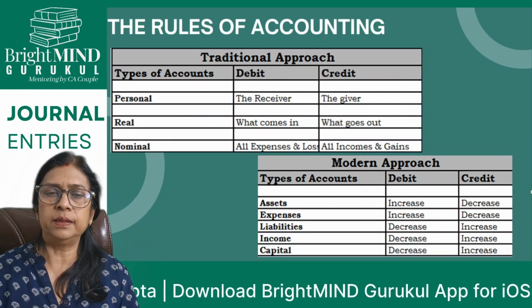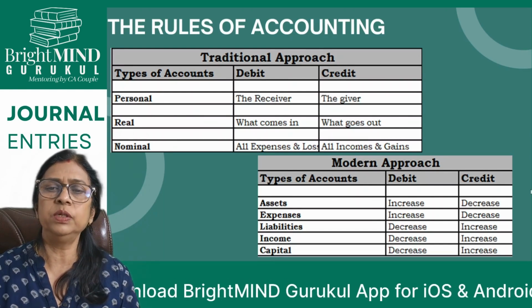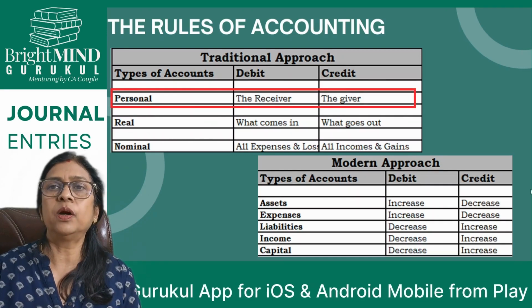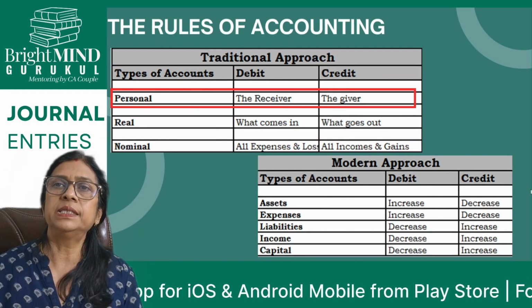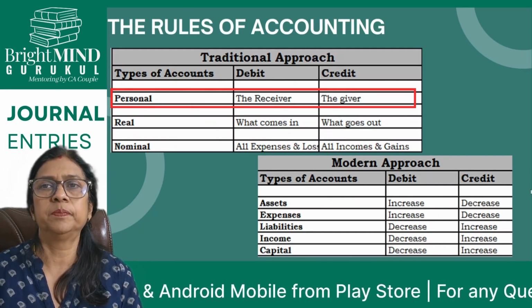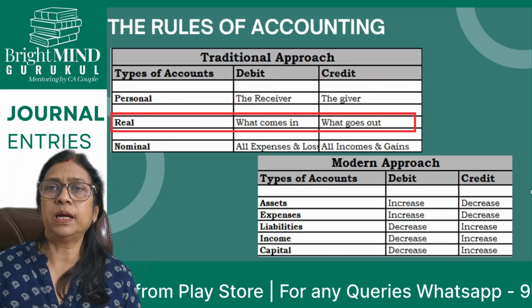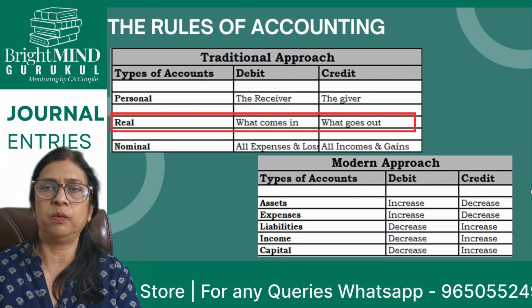Now for all the different accounts, different rules are applicable. For the personal account, the rule will be debit the receiver and credit the giver. For the real account, the rule is debit what comes in, credit what goes out.